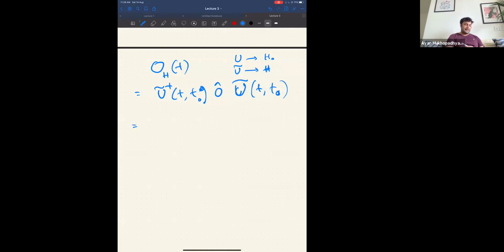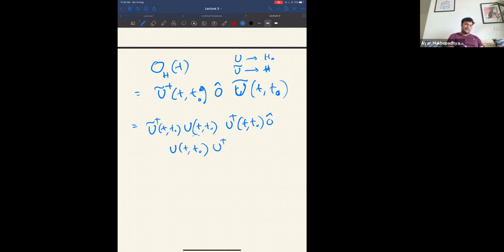So what I can do is rewrite this again as U tilde T T naught dagger U T T naught and then U dagger T T naught, O hat, and U T T naught U dagger T T naught.